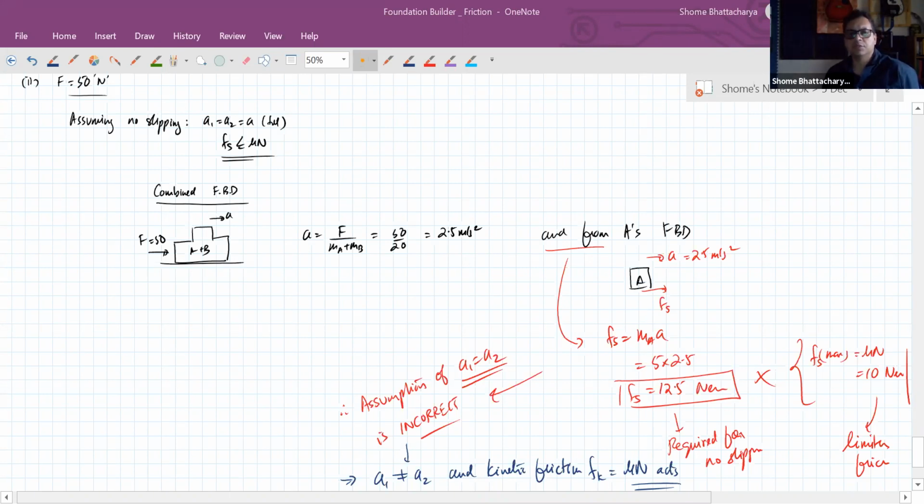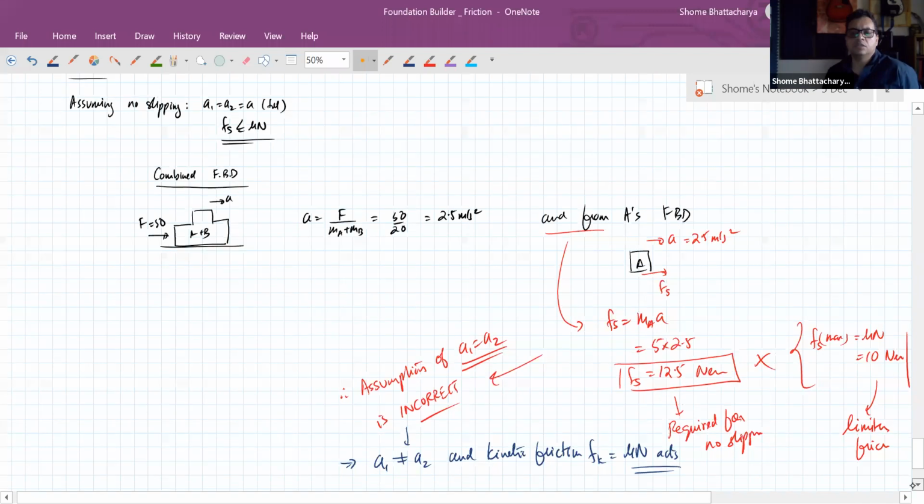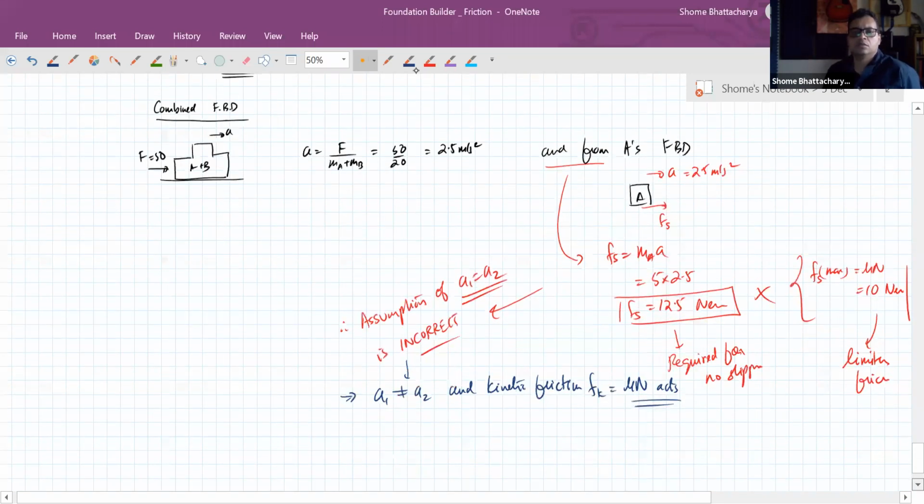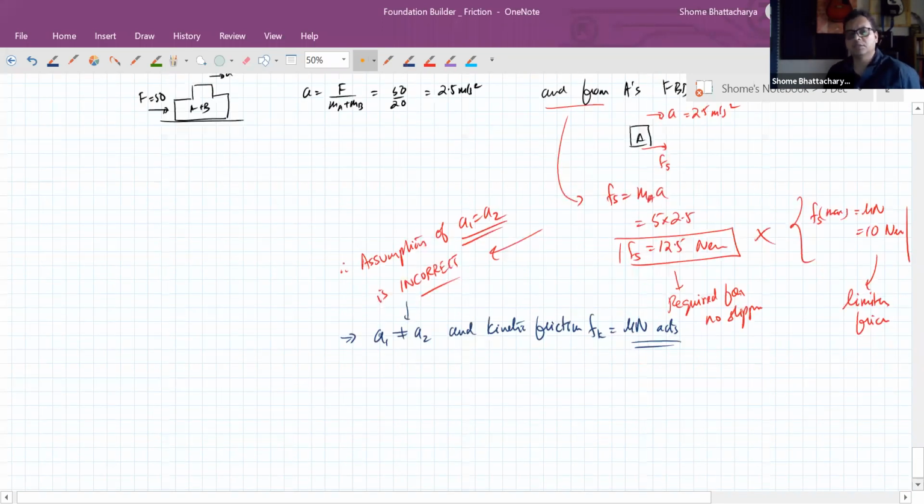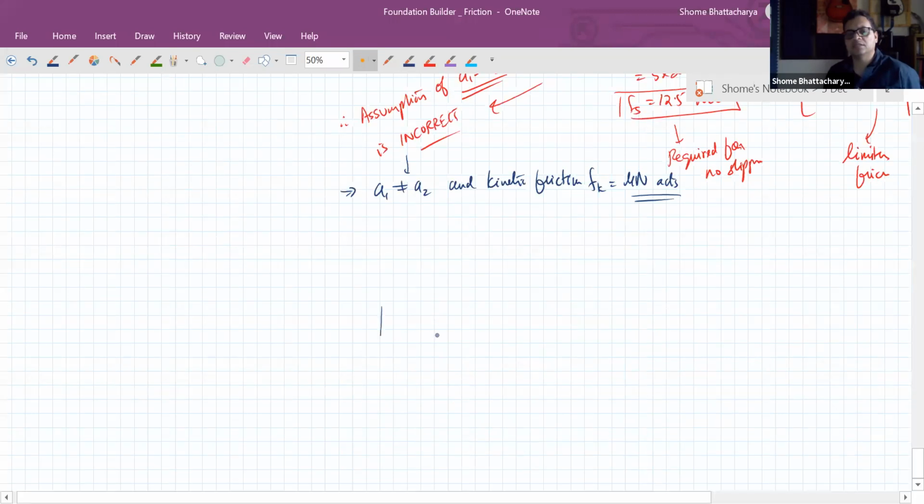Yeah, thank you. Tell me what's happening. Once we know this assumption has failed, we'll make separate free body diagrams because they have separate accelerations.